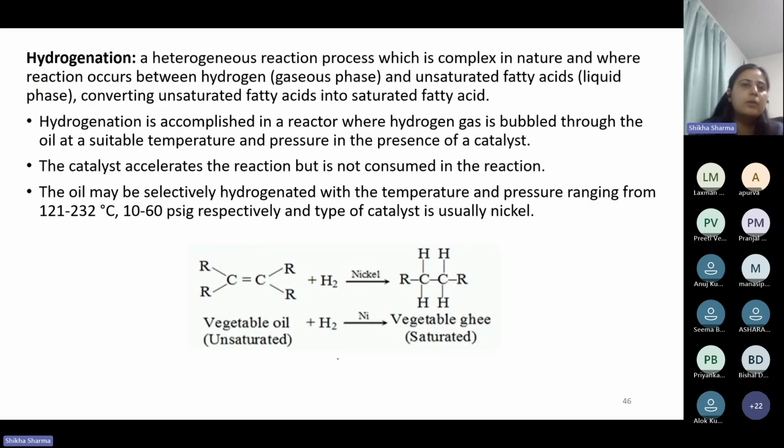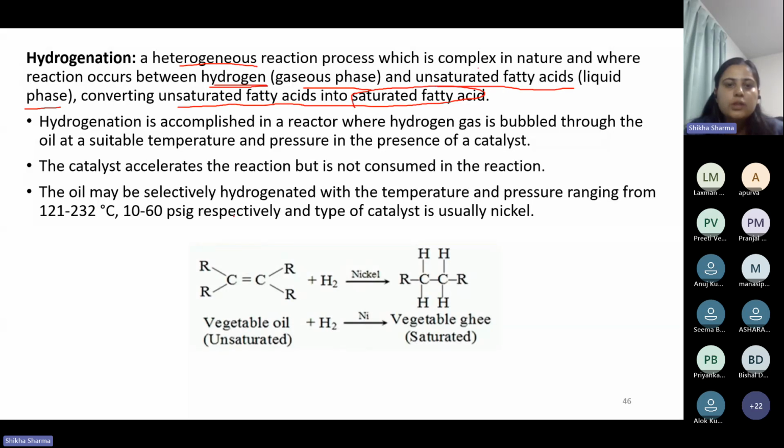First, let's discuss hydrogenation. This is a heterogeneous reaction where hydrogen, which is in the gaseous state, and unsaturated fatty acid, which is in the liquid phase, convert to the saturated one.